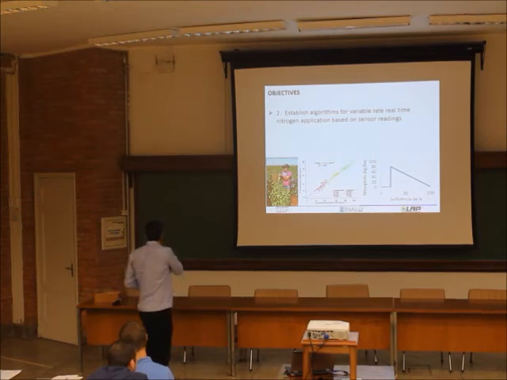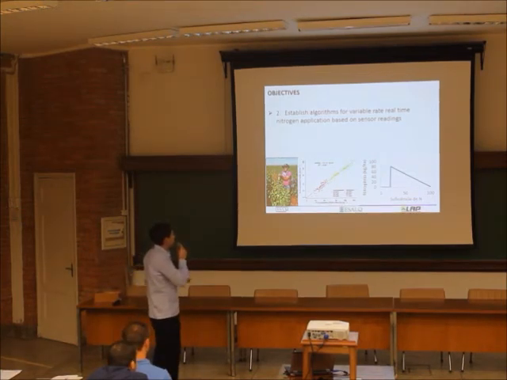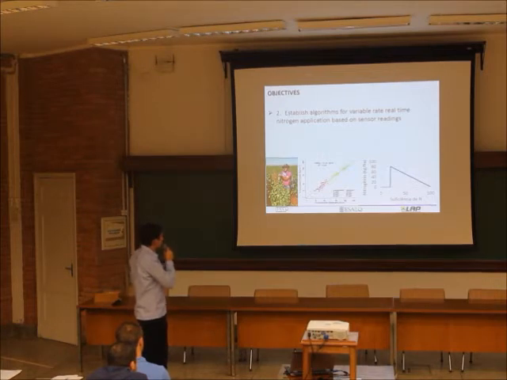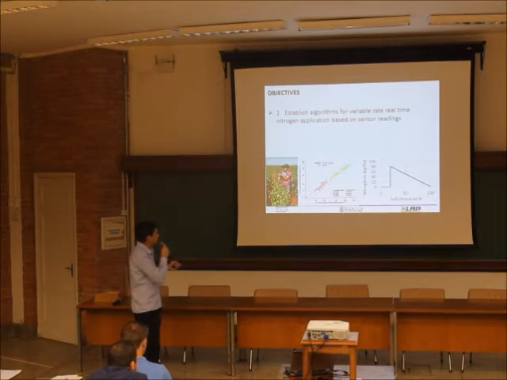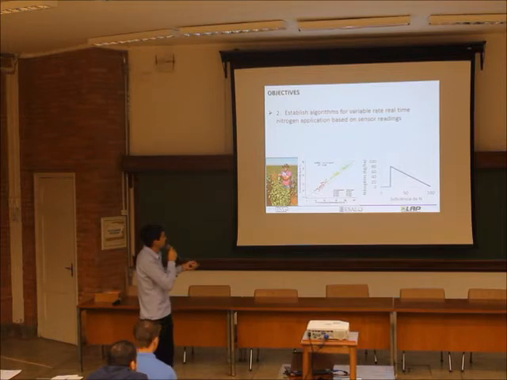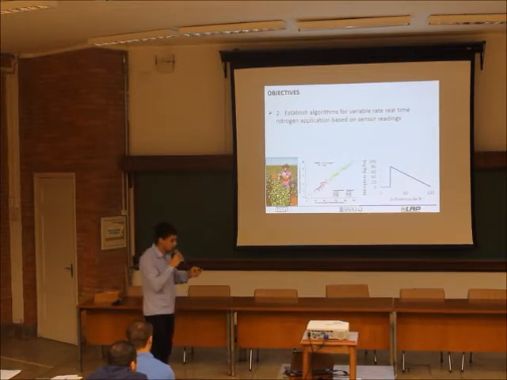The second objective is to establish the algorithms for variable rate real-time nitrogen application based on sensor readings. We are doing field comparisons and sampling, and then we can establish the relation between the sensor readings and the value the crop has actually taken up. Then we need to establish algorithms to determine how much nitrogen to apply in each situation.